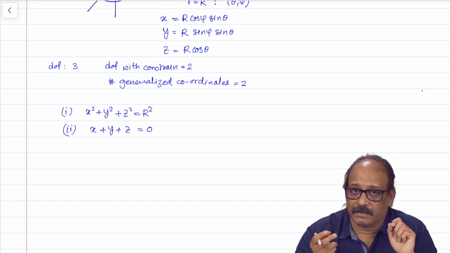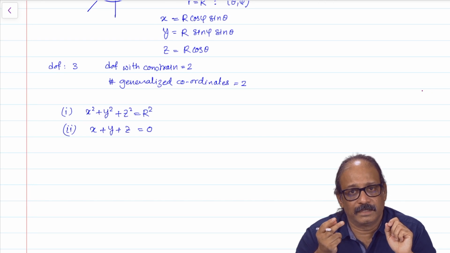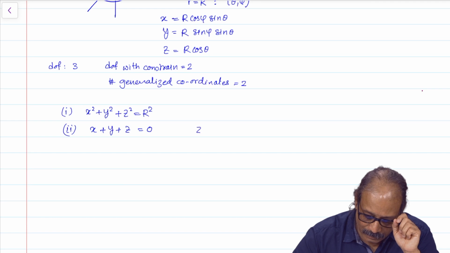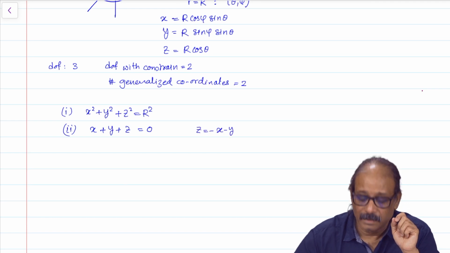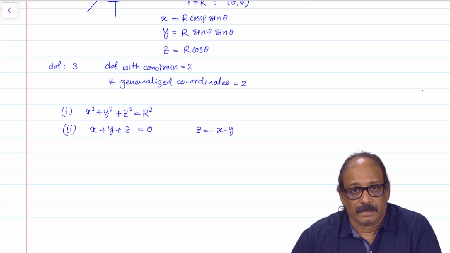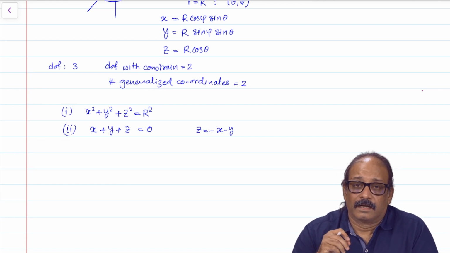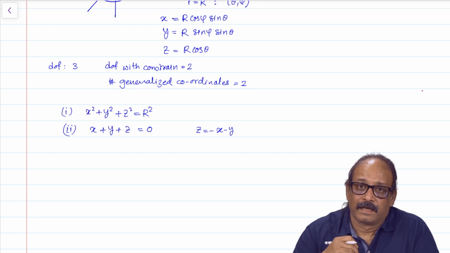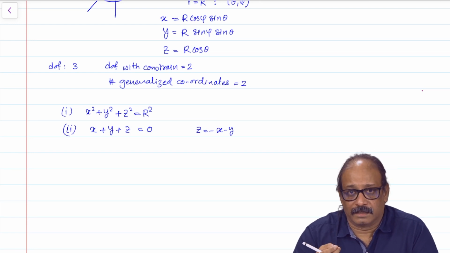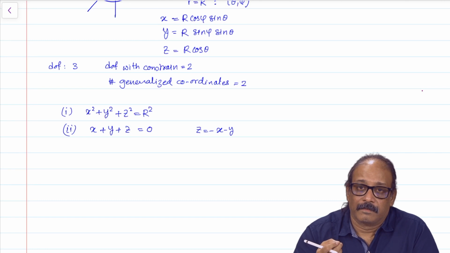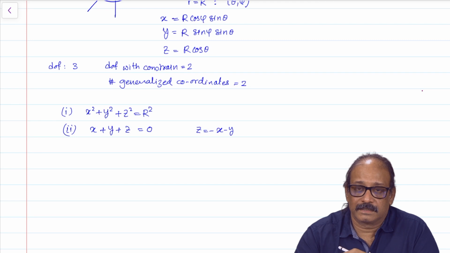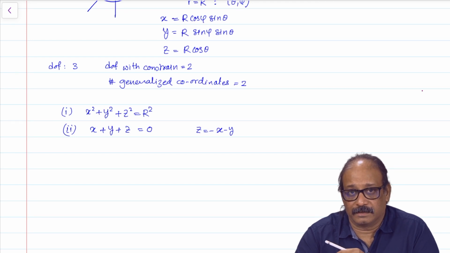How many coordinates are required? In this case, of course, you need just 2 coordinates, because given x and y, I can uniquely determine the z coordinate. But anyway, in this case x and y suffices. In the first case, we needed theta and phi, but what if the system is constrained by both these constraints simultaneously?